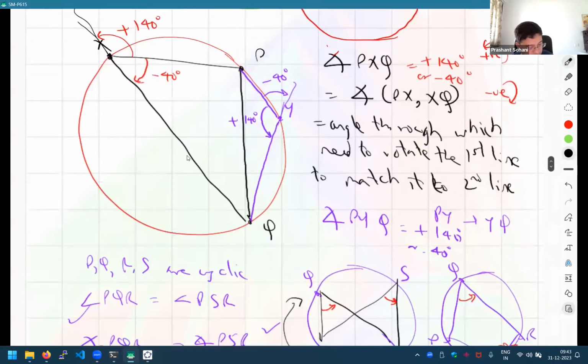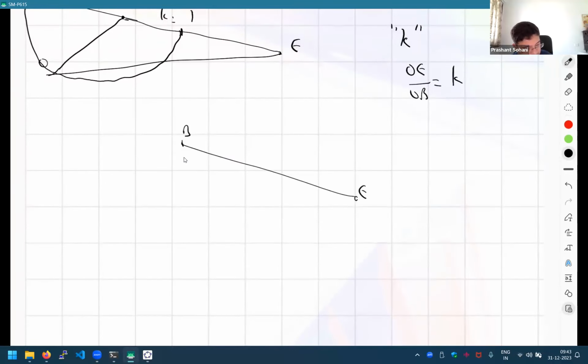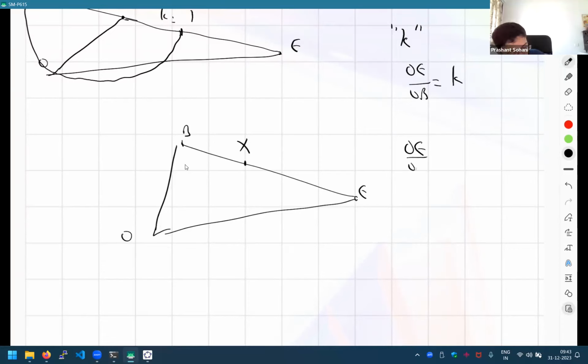What I want to construct is P and E. So I'm interested in the internal point of homothety such that OE upon OB is K. So that will be equal to EX upon XP. Right. But I only have the dilation to work with.